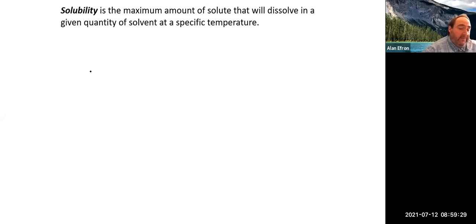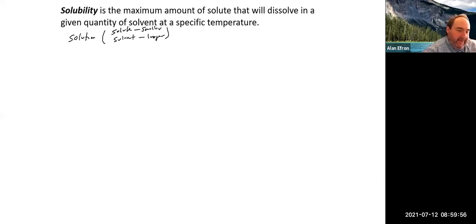So when we talk about solubility, it means the maximum amount of solute that you could dissolve in a given amount of solution at a particular temperature. Remember, a solution is made up of a solute and a solvent, smaller part and larger part.